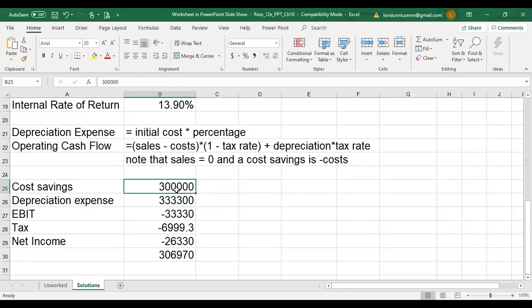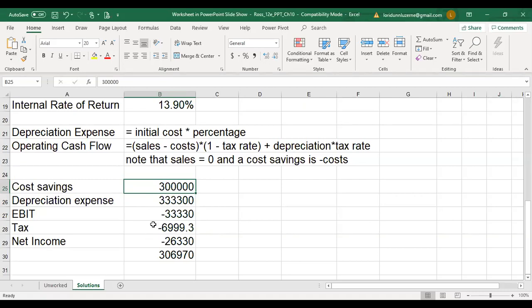Okay. So the cost savings would increase our income that would be taxed because we wouldn't have that as an expense. But depreciation expense increases our expense on our tax return. So we would actually have negative income on our tax return, which would lead us to a tax savings of almost $7,000, which would also then reduce this loss because we're going to save $7,000 in taxes.